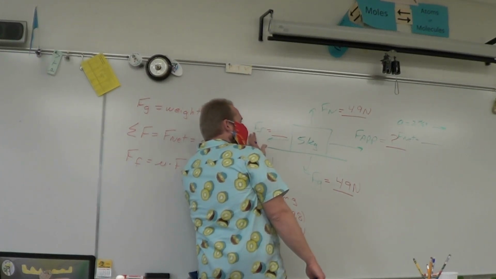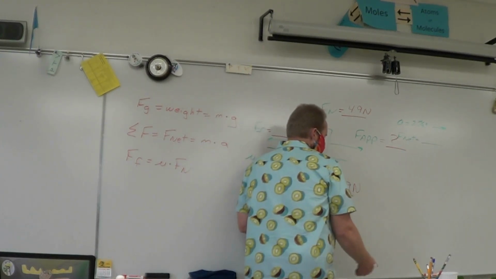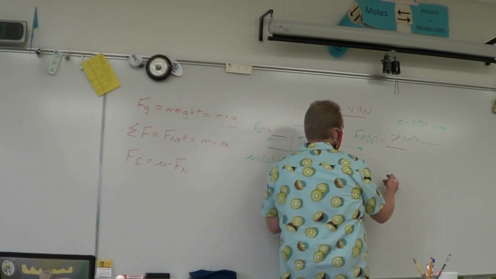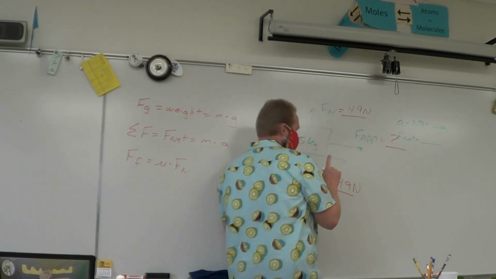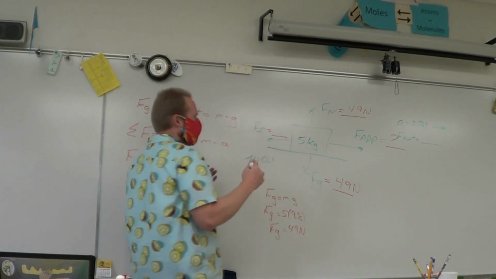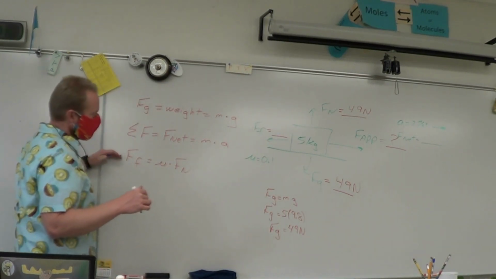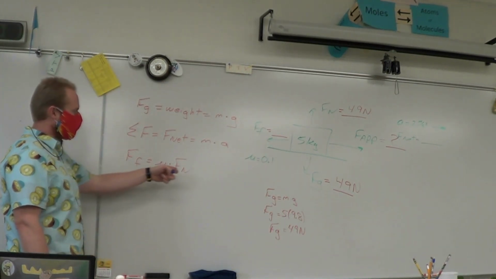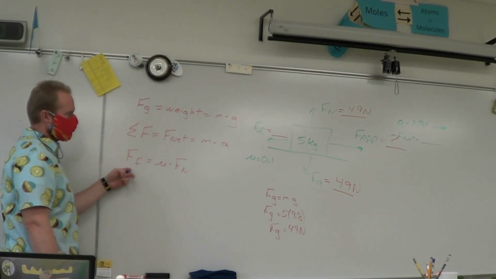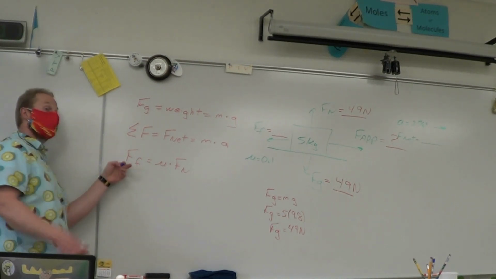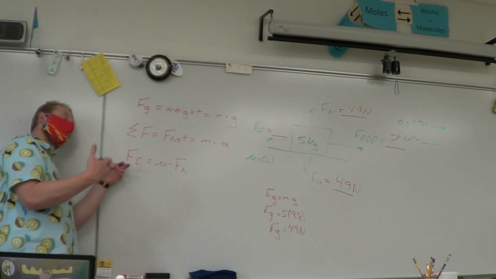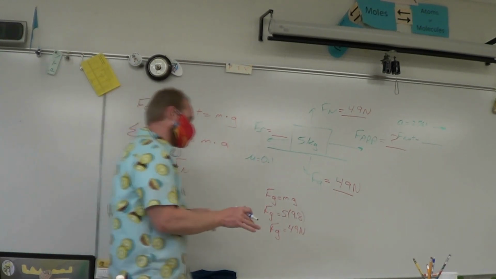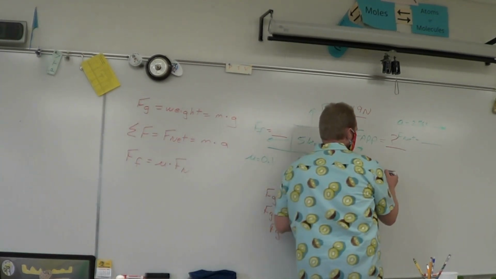I'm going to need to know the force of friction value before I can do Newton's second law. If we have enough information, we can use a special equation. If we know mu and our normal force, we can calculate the force of friction using a special equation. If we didn't know mu and normal force, we couldn't do it this way. But we do in this problem.